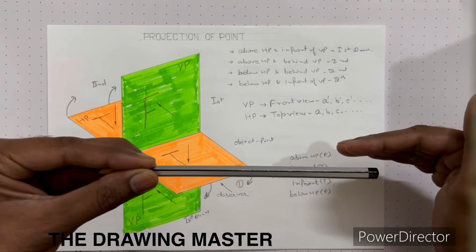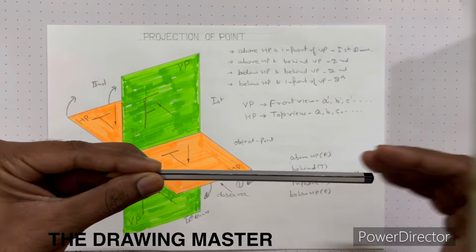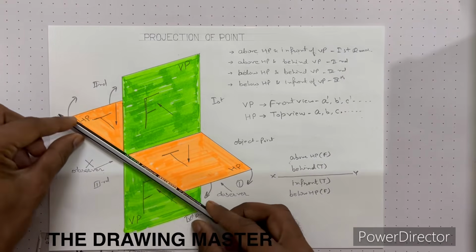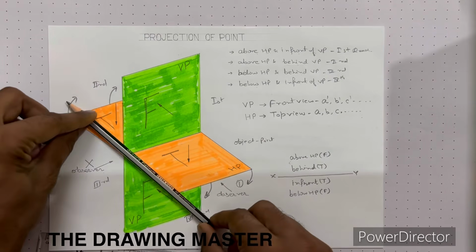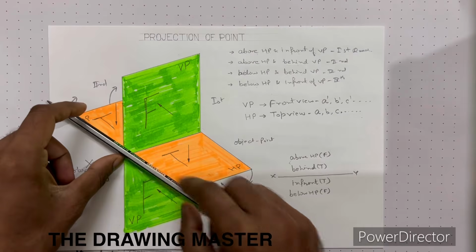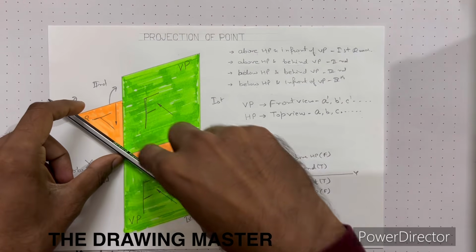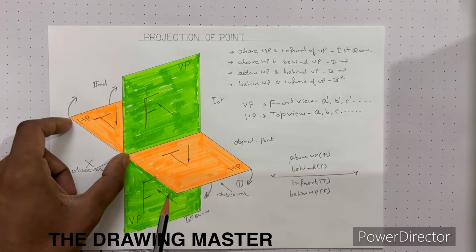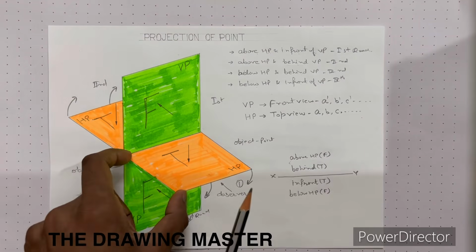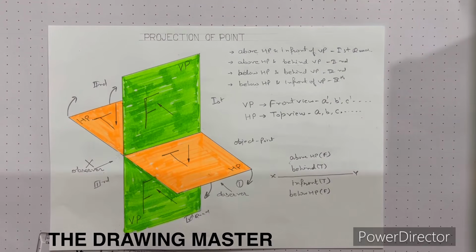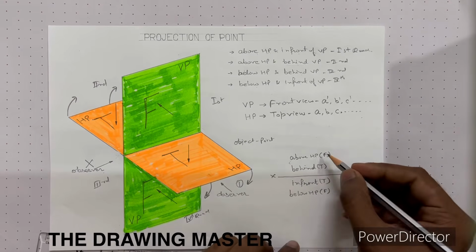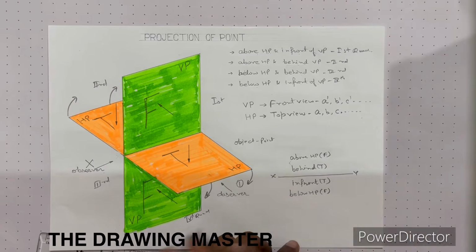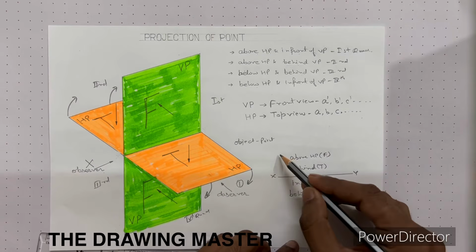The distance which is behind will come up, and the distance which is in front will go down. The data which is behind VP will go up above the reference, and the data which is in front of VP will go down. ऐसे घुमाने के बाद behind will come up, in front will go down, right? तो front view, behind and in front is top view. बस just remember this part.